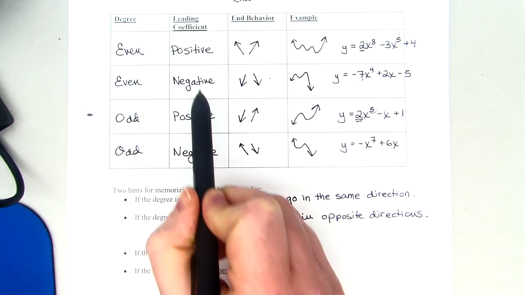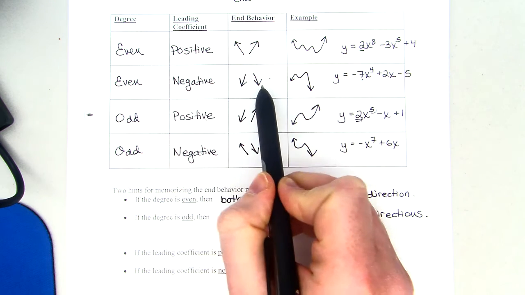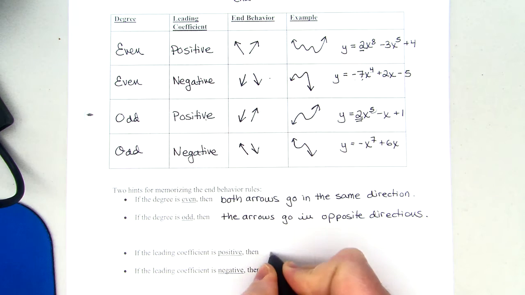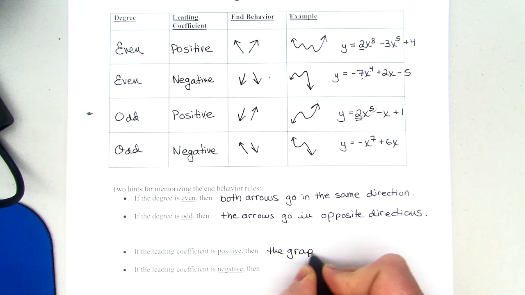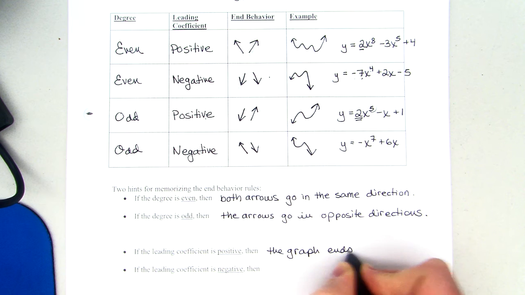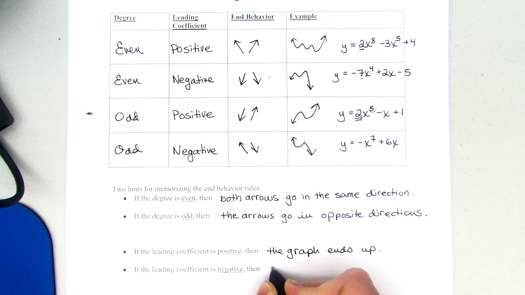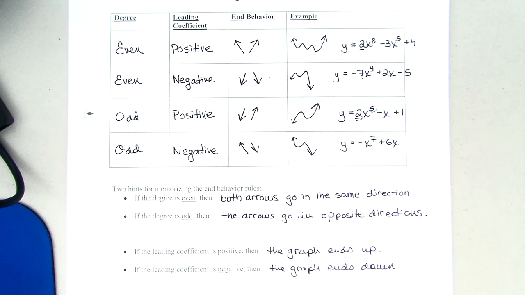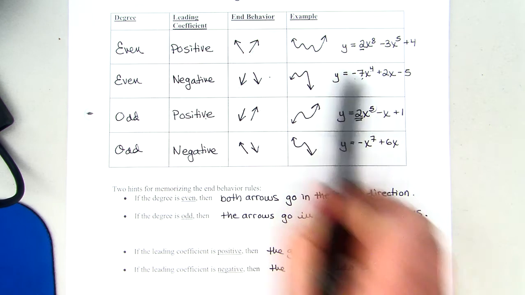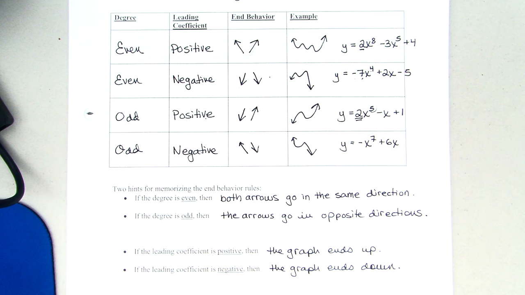And if my leading coefficient is negative, my function ends by pointing down. Take a moment, copy these hints in your notes, then I'll show how we can use these hints to get everything we need from our table to deal with some problems.